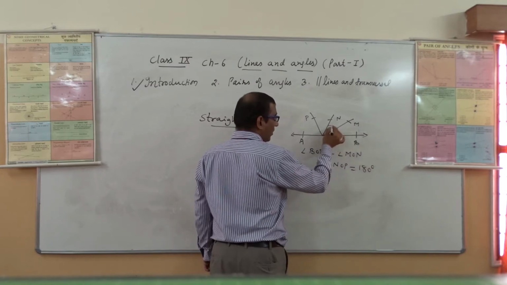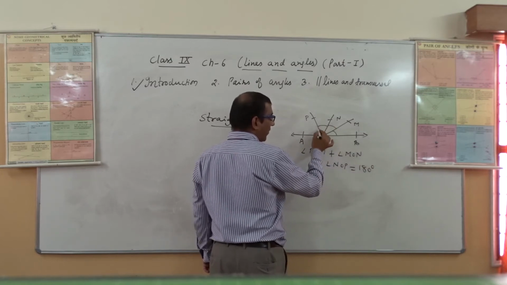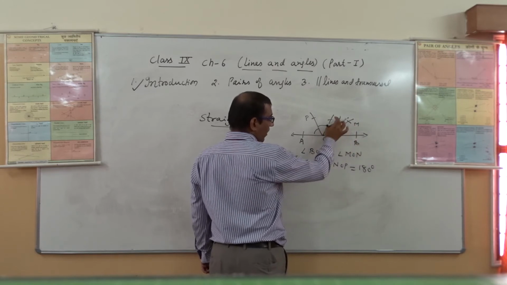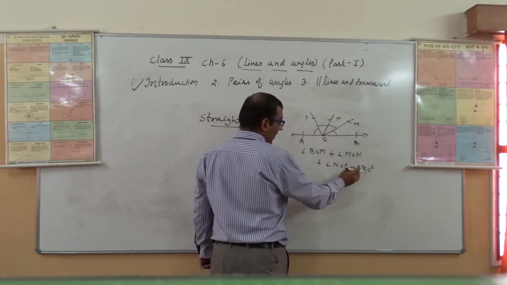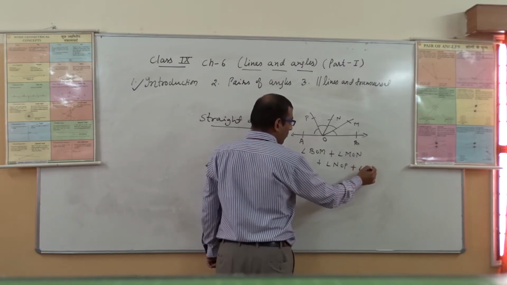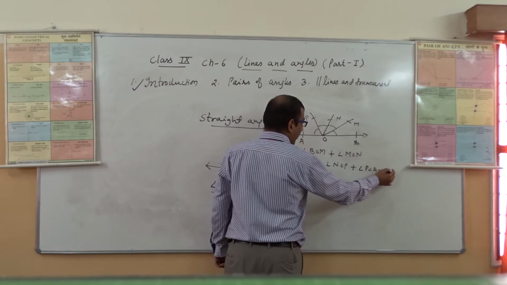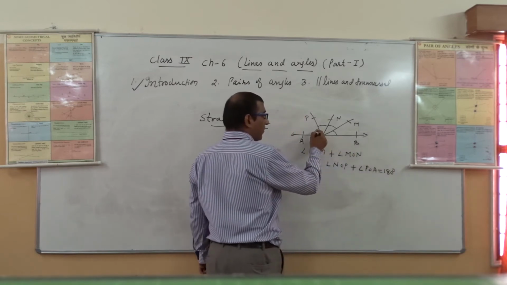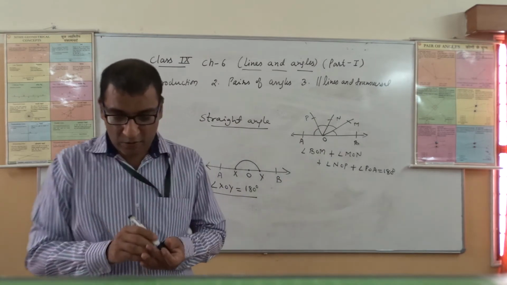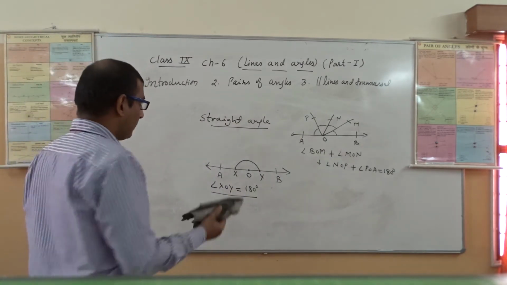So this is also the concept of straight angle. One more angle is there. One is BOM, then MON, NOP, and one more angle is there, that is your angle POA. If their sum becomes 180 degrees, this is also an example of straight angle. Okay, it means straight angle includes more than one angle.